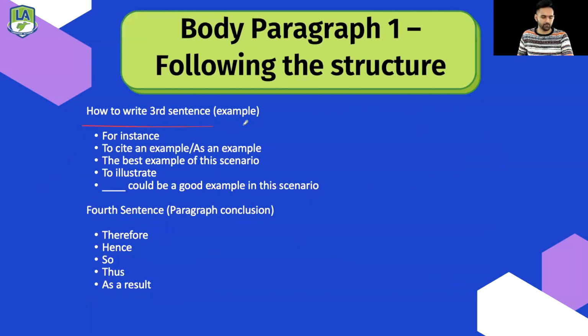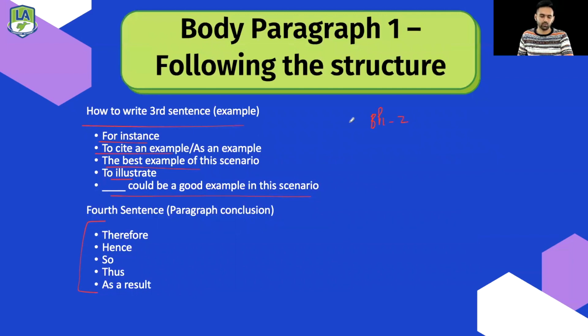Then we'll write an example. For instance, to cite an example, the best example to illustrate this could be, a good example in this scenario. And then we'll conclude the paragraph. Now, because BP1 and BP2 are in a flow, meaning we are not contradicting anything.